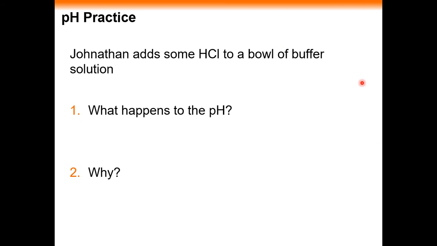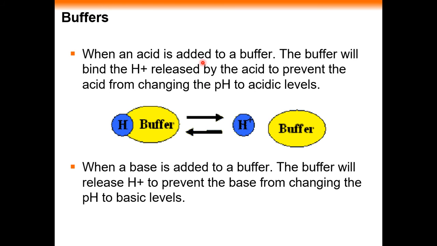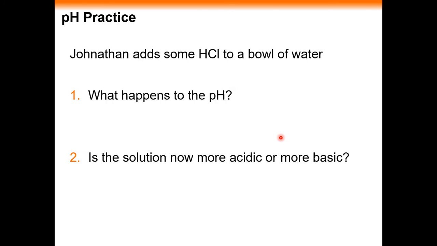So if he adds it to a buffer, what's going to happen to the pH? The pH should not change much at all, if it does even change at all. Why? Because buffers resist the change in pH. If you add an acid, it's going to take in these acid components to pretend they're not there. If you add a base, it's going to release some acid components to kind of neutralize it.